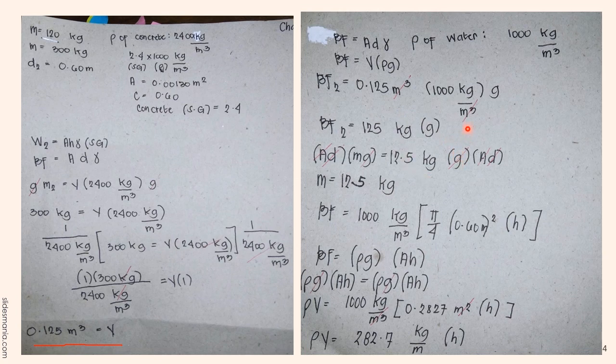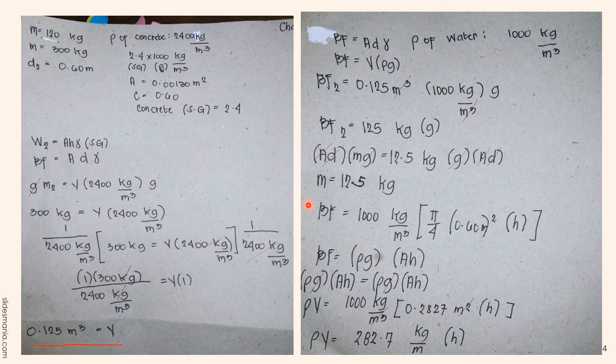Cancel the cubic meter from both sides, so we have 125 kg times the gravity. Cancel the gravity, the depth, and the area on both sides. Our answer becomes mass equals 125 kilograms.